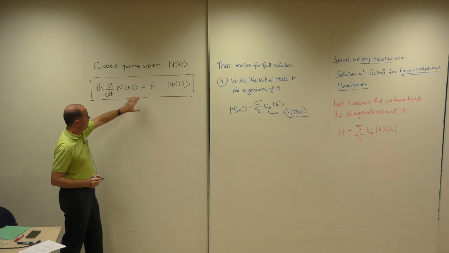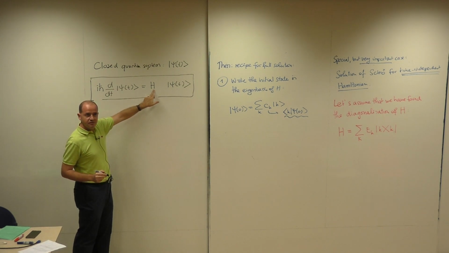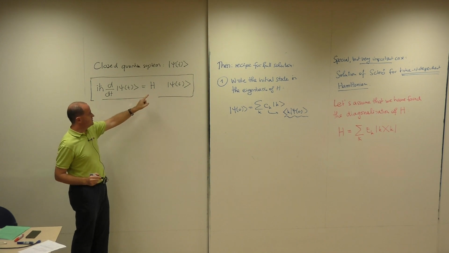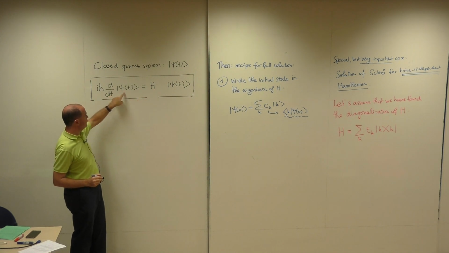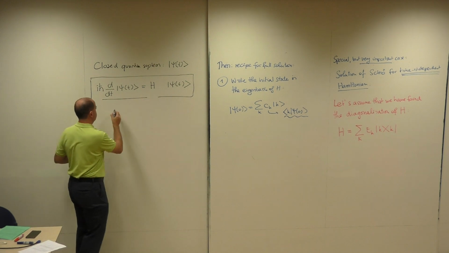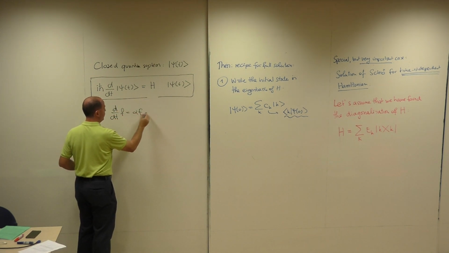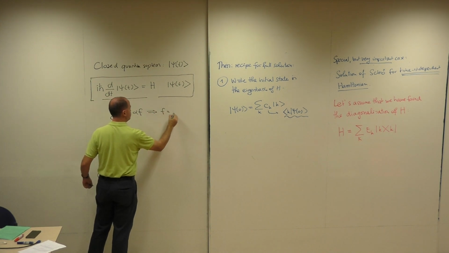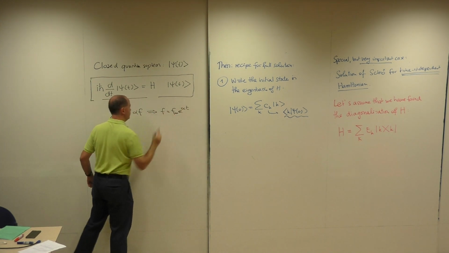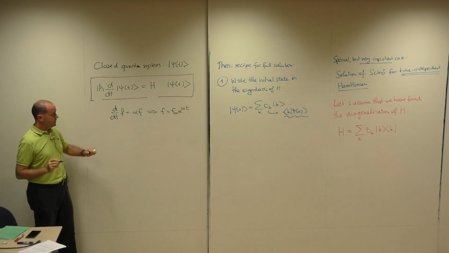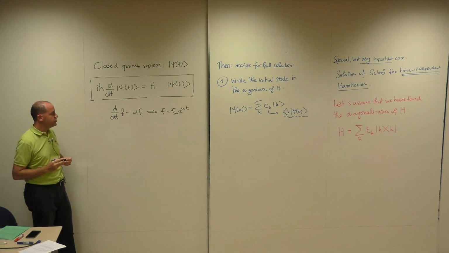If this were a number, you know the solution to this equation. It's an exponential, right? The time derivative df/dt = alpha f implies f = f0 e^(alpha t), right? That's the differential equation of an exponential.